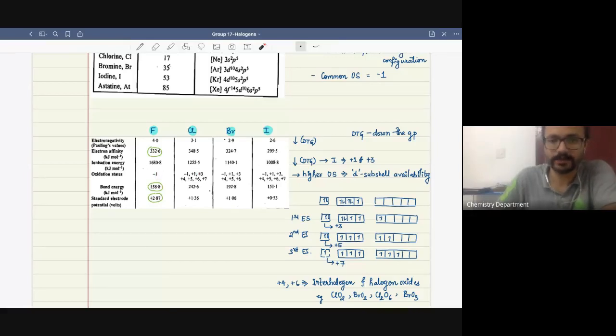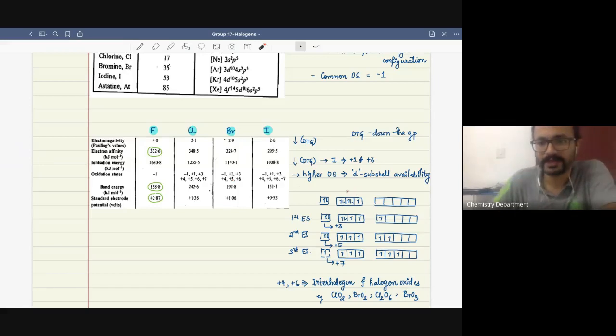Now coming to chlorine, bromine, and iodine, what you find is that apart from the -1 oxidation state, you have higher oxidation states like +1, 3, 4, 5, 6, and 7. Similarly, you find the same with bromine and iodine. Now, you would be surprised how we are able to get higher oxidation states in all these elements.